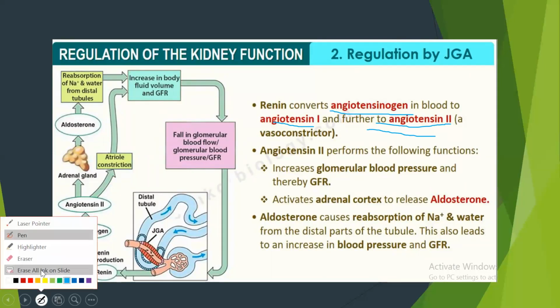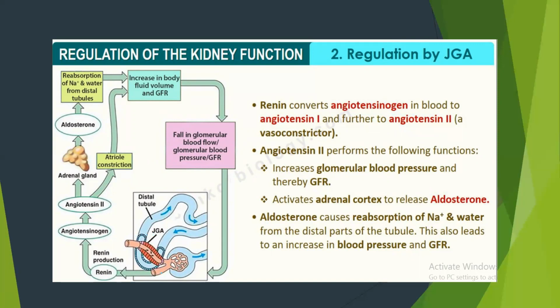So I'll repeat again, the juxtaglomerular cell releases renin, and the renin in turn converts the angiotensinogen, which is already present in the blood, into angiotensin 1, and then into angiotensin 2. Now, this angiotensin 2 has two functions. One, it increases the glomerular blood pressure, and thus it also increases the glomerular filtration rate.